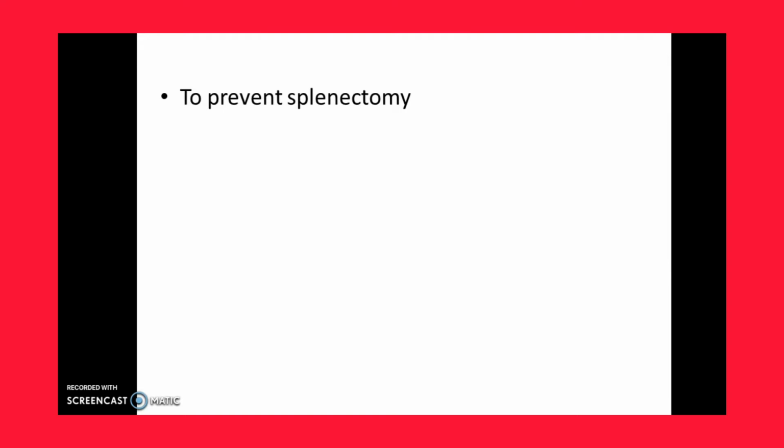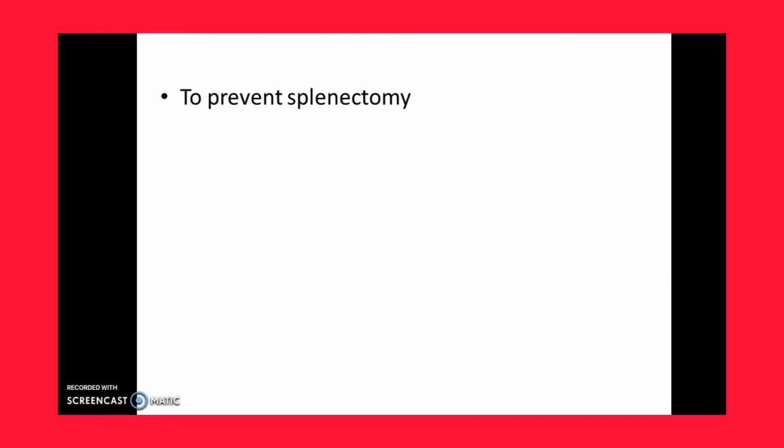But before that happens, it is better to prevent it. That is, when you are able to test early enough, those early infections that could warrant acute splenomegaly are treated on time, and the spleen returns back to its normal size.